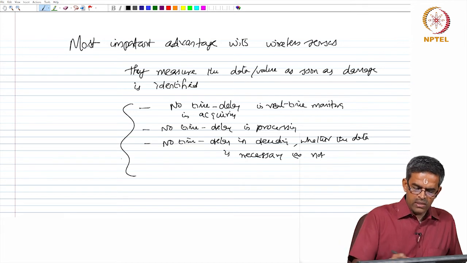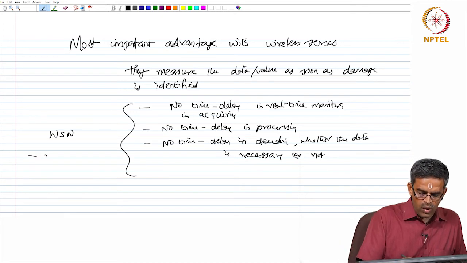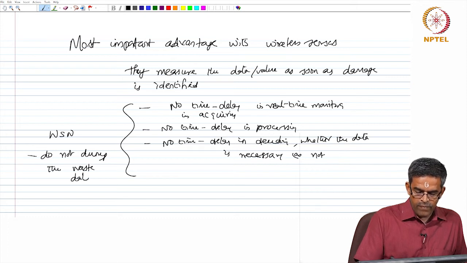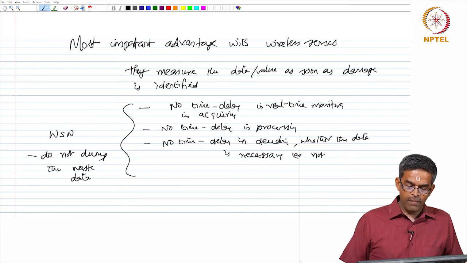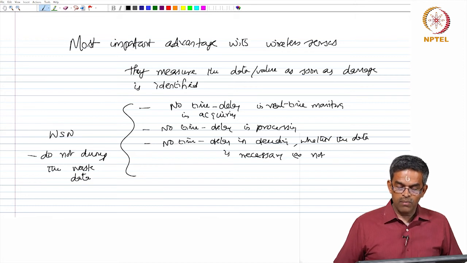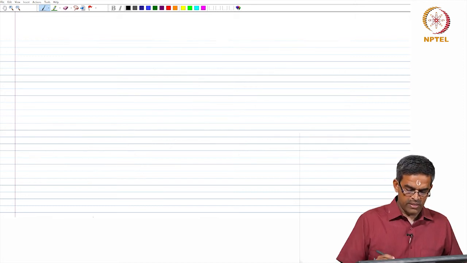So, wireless sensor networking do not dump the waste data. Okay? They only communicate the most important sensible data.